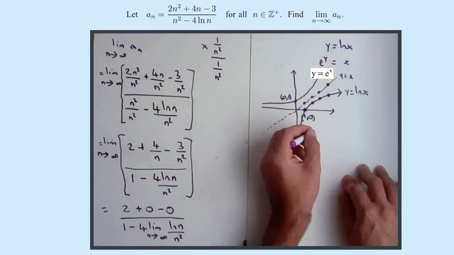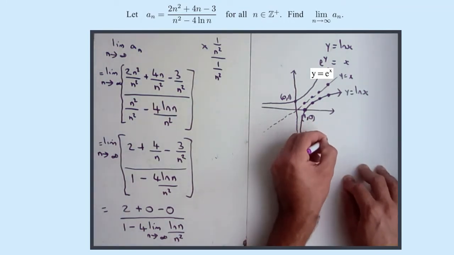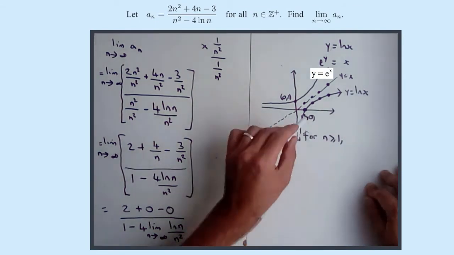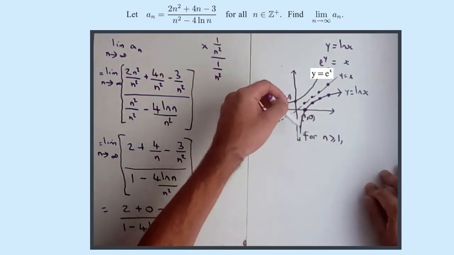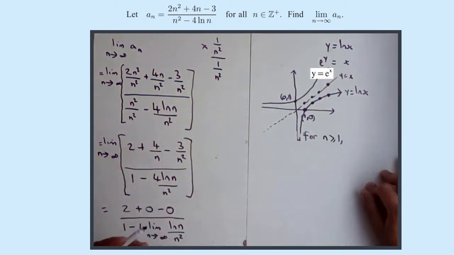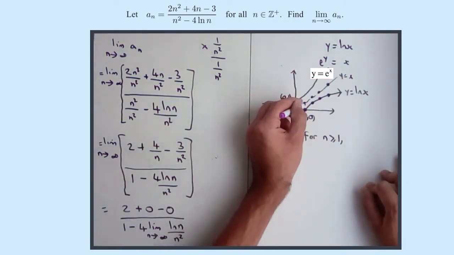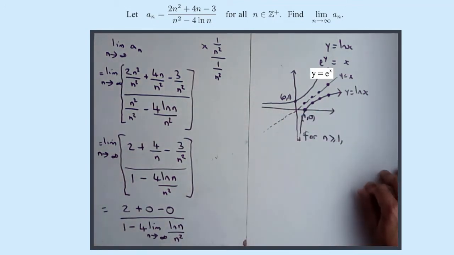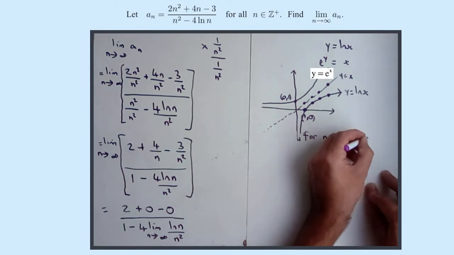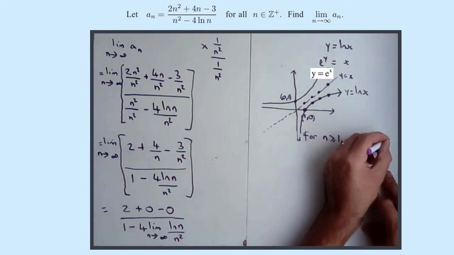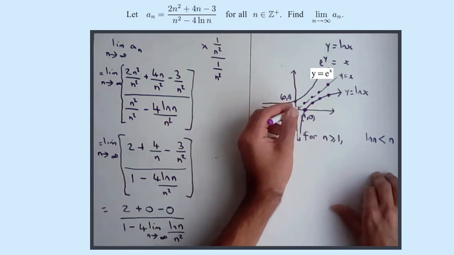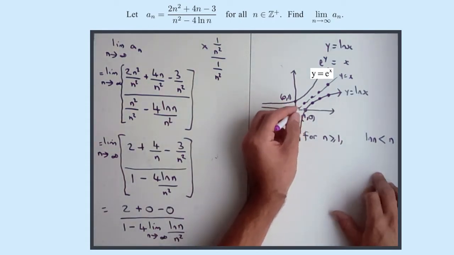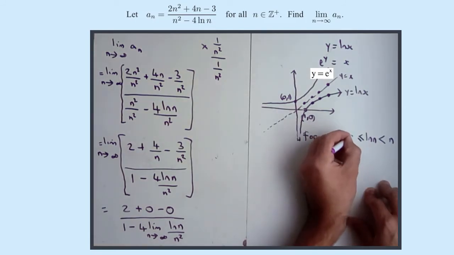So just looking at this, for n greater than or equal to 1, you can see that ln n, which is these dots, is always underneath the graph of y equals x, the line, so y equals n are the dots when it's plotted at positive integer values of x. So ln n is always less than n, and also, because we have this domain of positive integers, it actually never goes below 0 either. Greater than or equal to 0, right?